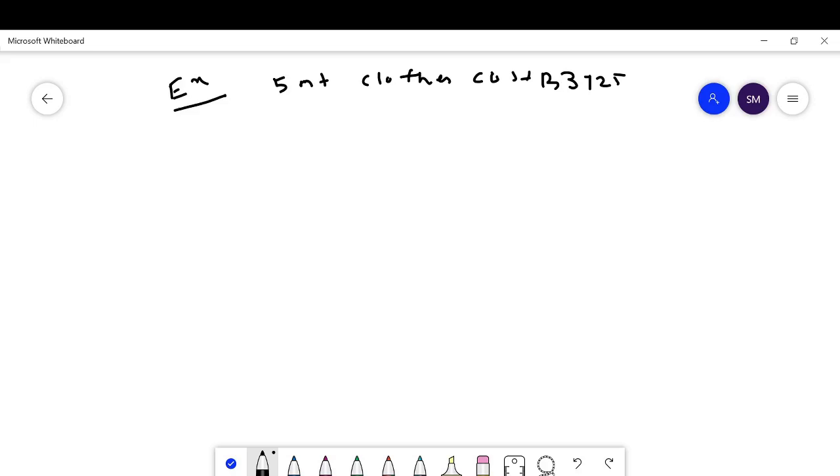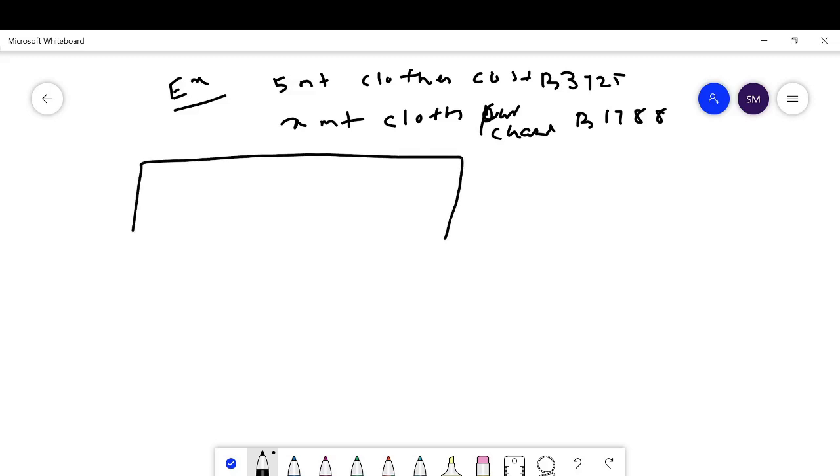We don't know x meters of cloth. How many meters of cloth can be purchased for an amount of 1788 rupees? Then this is direct variation.